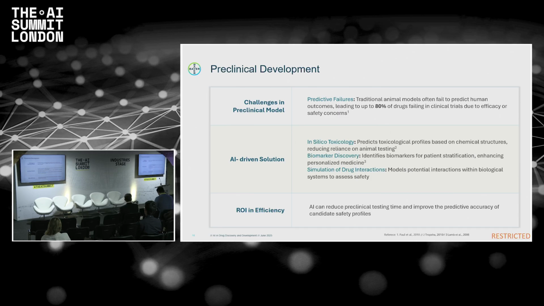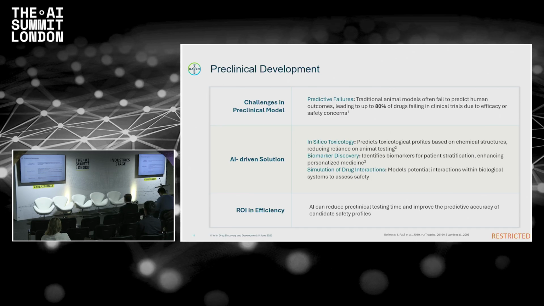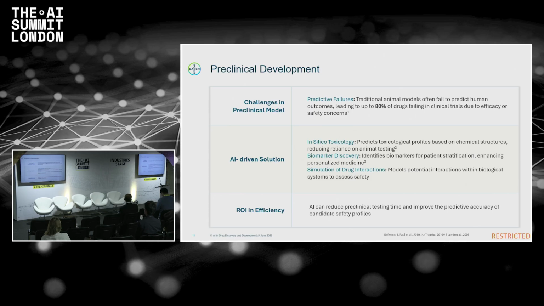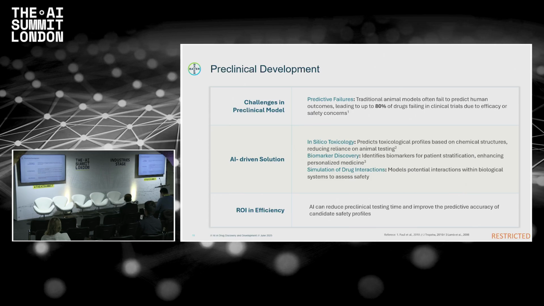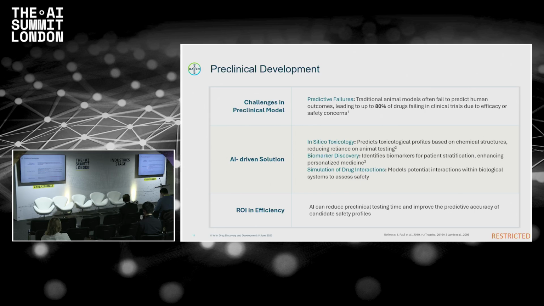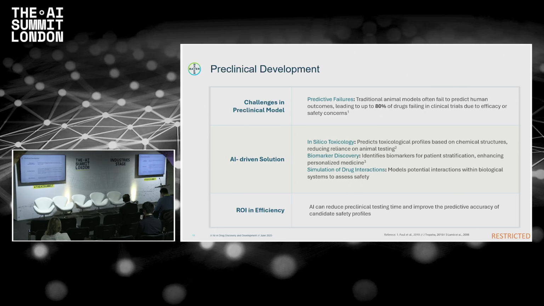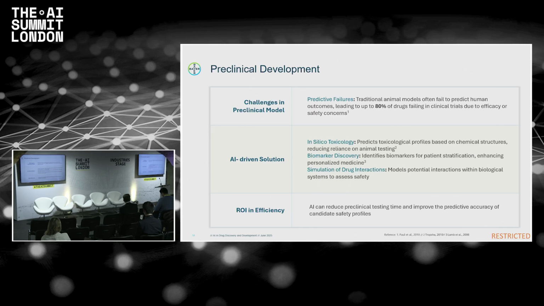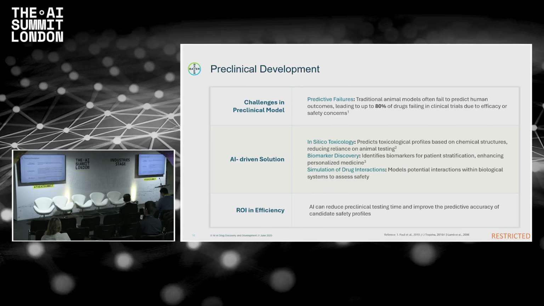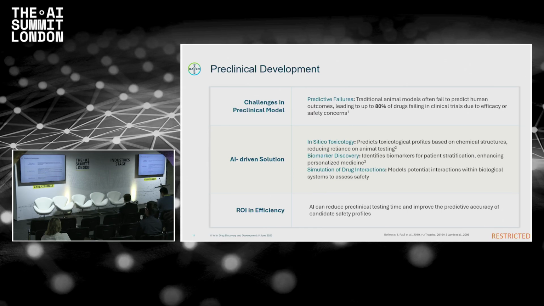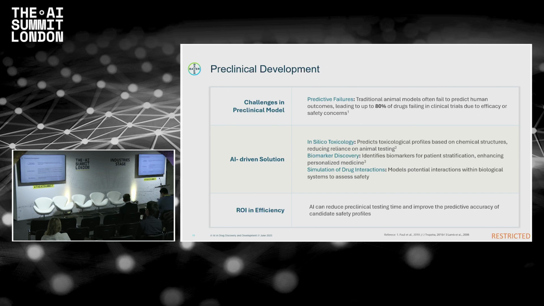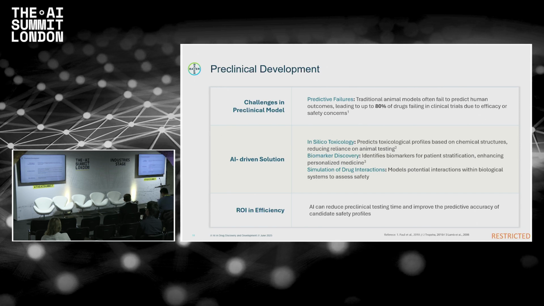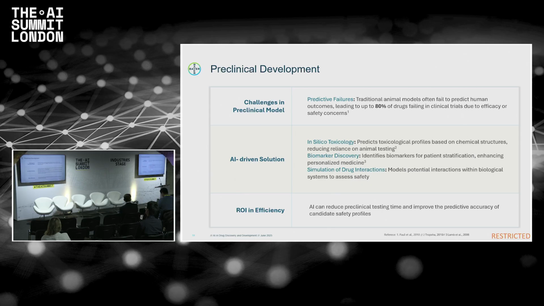So here with the biological systems, we can build lots of simulation. Without AI, it would have been really difficult. Here we can, in a few days, simulate multiple models that give us in-depth data about drug interactions, how a drug interacts with different patient groups, because biomarkers help us in stratifying the patient population.